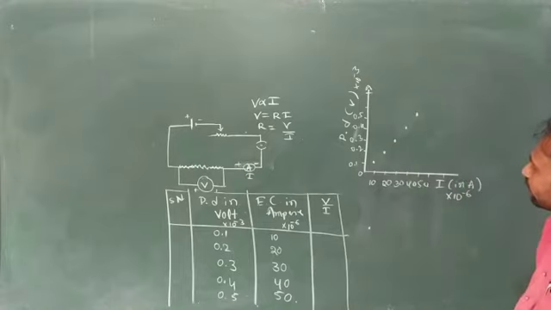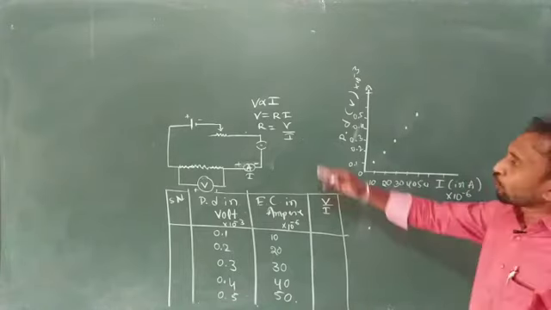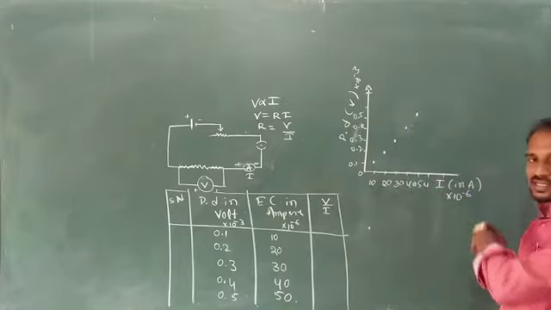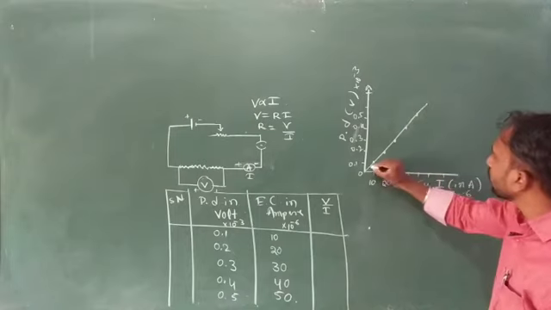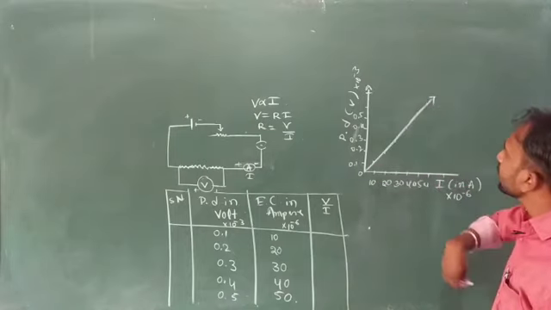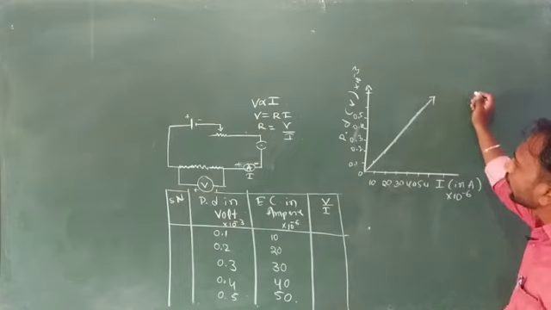It means whenever potential difference increases, the current also increases, so we get a straight line, a linear graph. Now we want to calculate the slope.